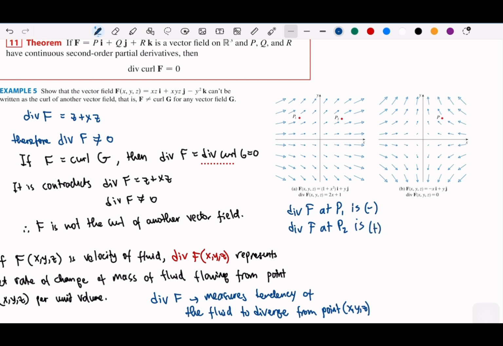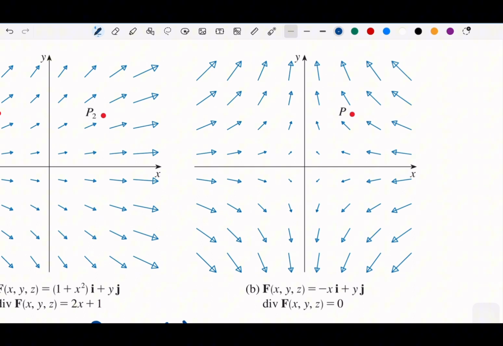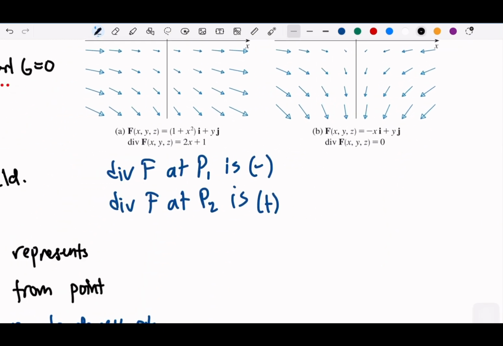For the one on the right side, the vector coming in and the one going out have the same length. So for everywhere you put that point P, div F will be 0.